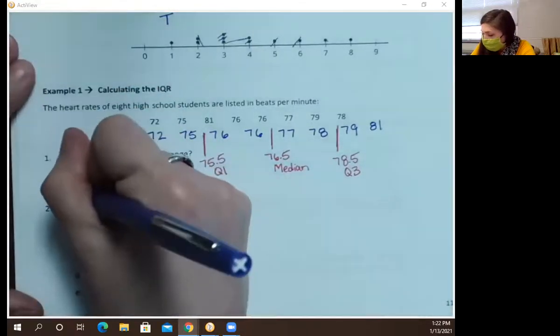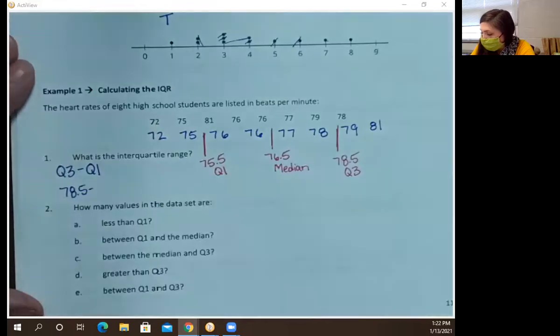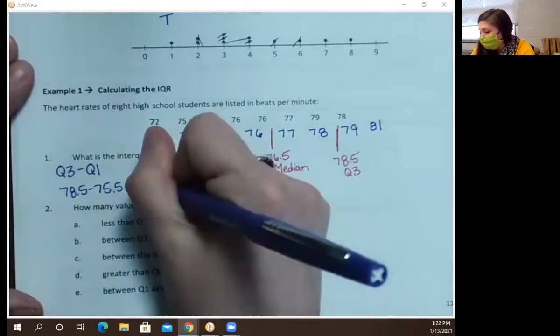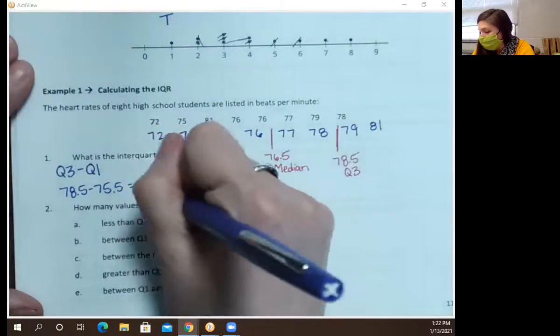So this would be 78.5 minus 75.5. That gives us an interquartile range of 3.